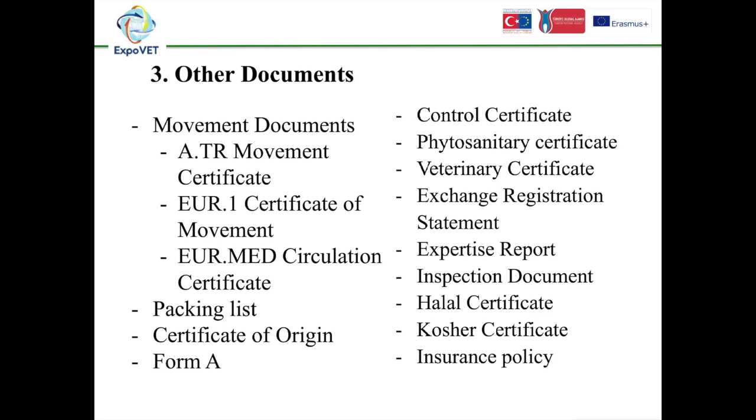Form A. Generalized System of Preferences. It is the application of preferential customs tariffs by developed countries on imports from developing countries unilaterally, that is, without demanding corresponding concessions.